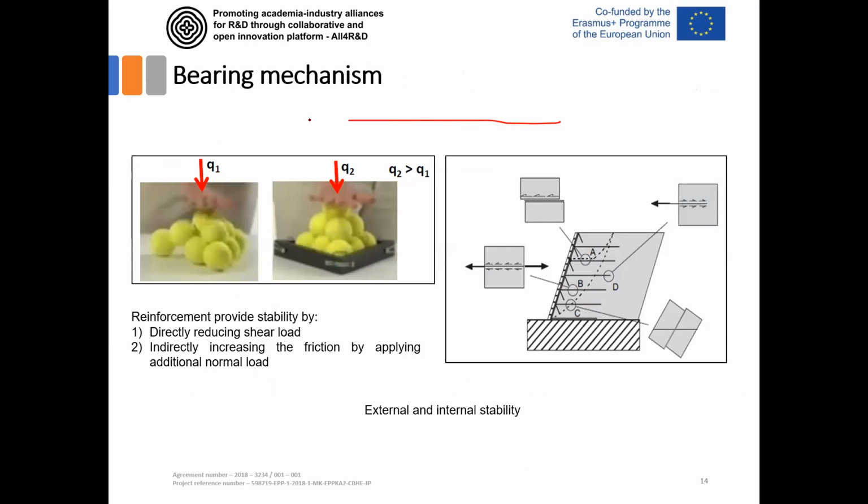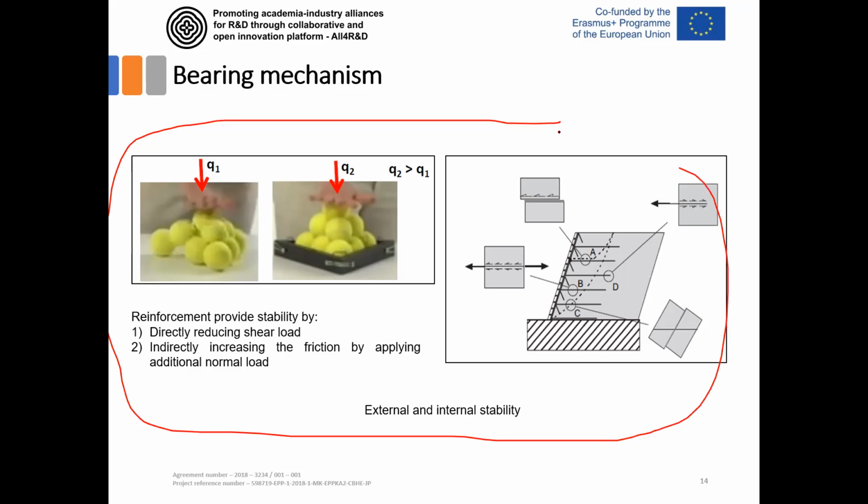What is the bearing mechanism of this kind of wall? It can be illustrated by the mechanism of this pyramid shaped from these tennis balls. If you shape them to form this pyramid and you press it by hand, you'll see that it will spread all around. But if you put reinforcement around this triangle, you'll see that this Q value is much, much higher than the Q1 value.